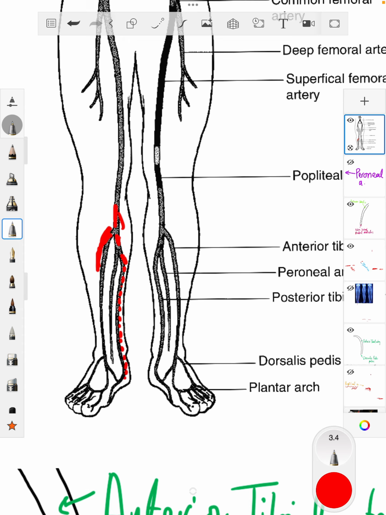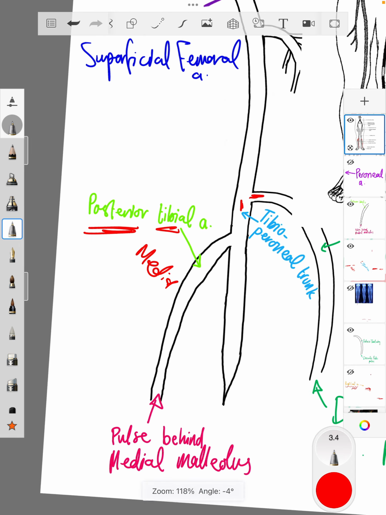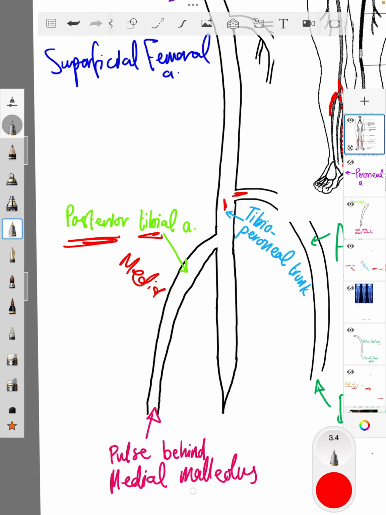And see, it ends off over here at the pulse behind the medial malleolus, okay? So this is the other one. And you can see over here, dorsalis pedis, where does it come from? It comes from the anterior tibial, okay? So this is the second one, posterior tibial, which is medial to this artery now, okay?